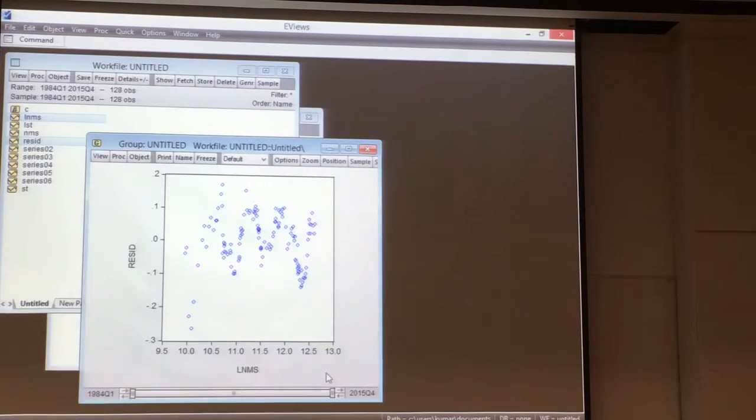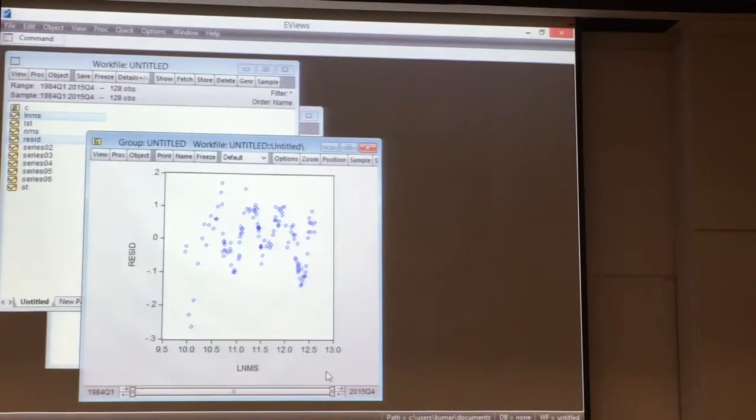Let's do the Park test. What is the Park test? For the Park test, we have to find a regression model, residual square versus the independent variable. And if the slope coefficient is statistically insignificant, then there is no heteroscedasticity problem. Okay, so let's run that regression.